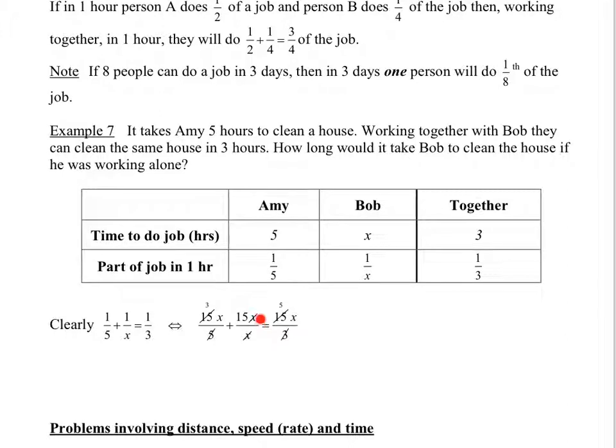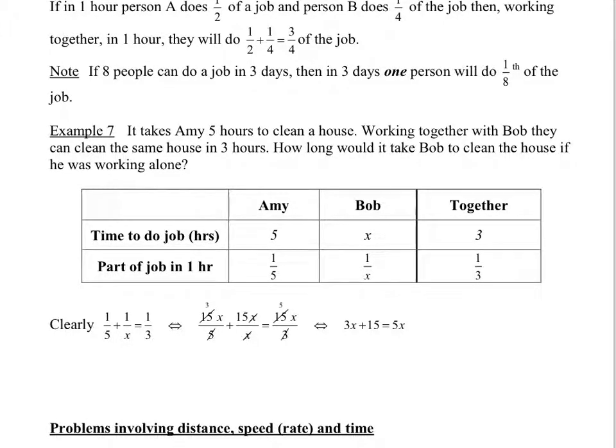The x and the x have cancelled out here just to give us 15, and the 15 and the 3 have cancelled out to give us just the 5. So that simplifies eventually to 3x plus 15 equals 5x.